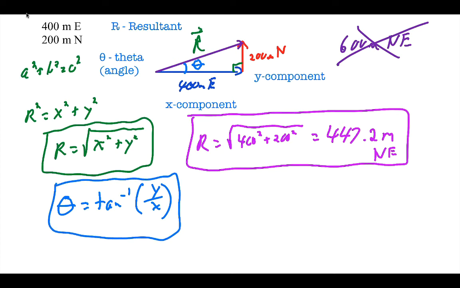Inverse tangent is a function on your calculator. It's generally a shift or a second or something like that. You should be able to find it somewhere on your calculator. It always says tan minus 1. Sometimes it may say arctan, but that's pretty much it. So in this case, I would put in the inverse tangent of the y value, which is 200, over the x value, which is 400.